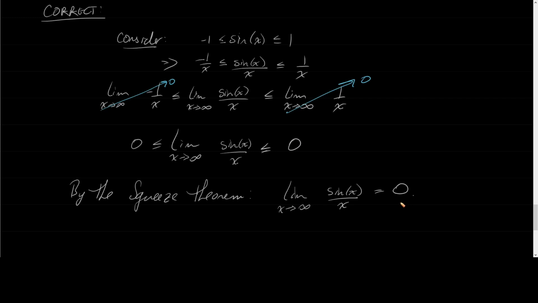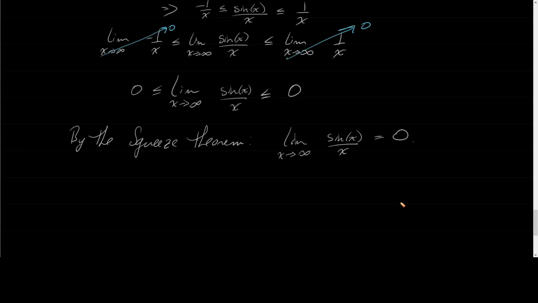And this actually holds true as well if x were going to negative infinity. So I'll make that as a note here. Note, the limit as x goes to negative infinity of sine of x over x is also equal to 0.